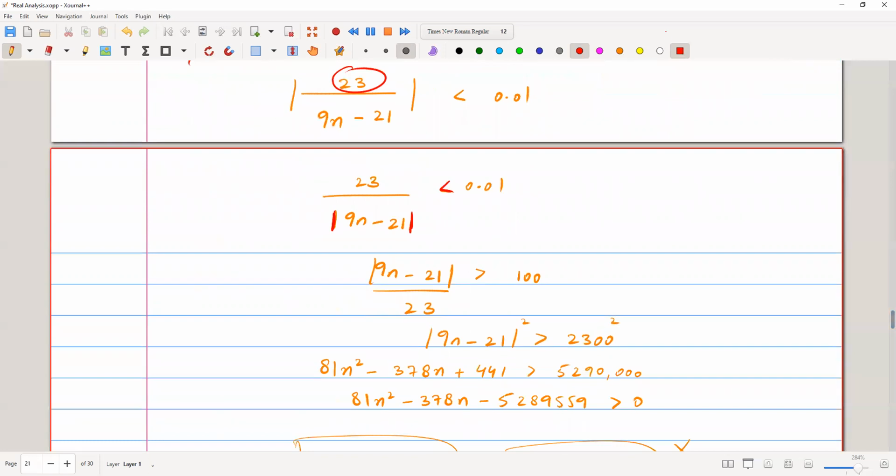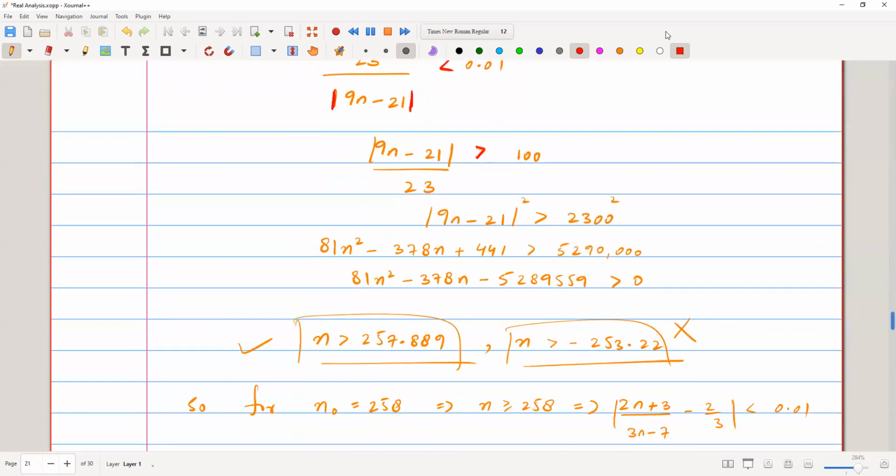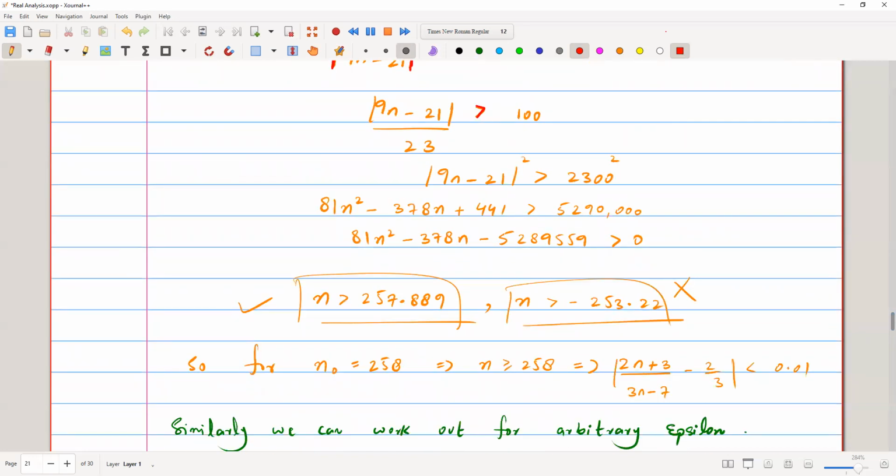Now I am taking the reciprocal, and whenever I take the reciprocal, the inequality sign changes. That is the theorem we already learned in the previous lessons. If it was less than, it's now greater than.